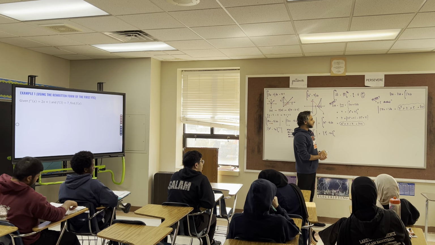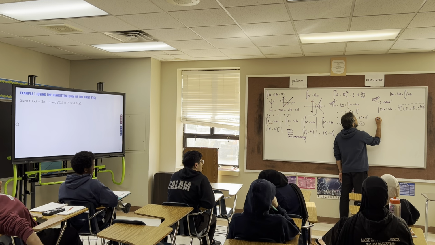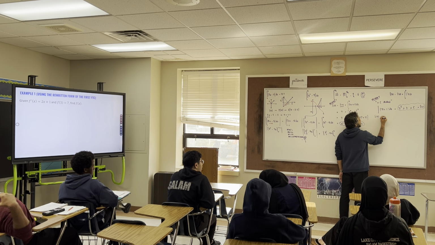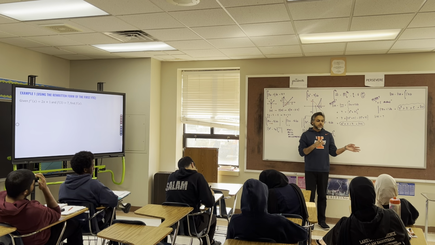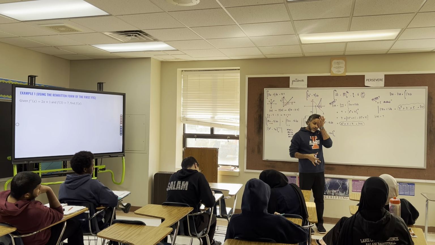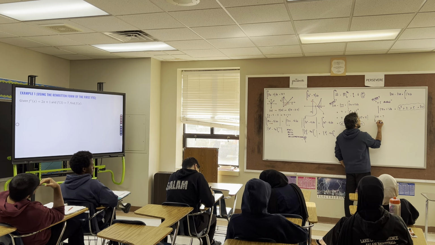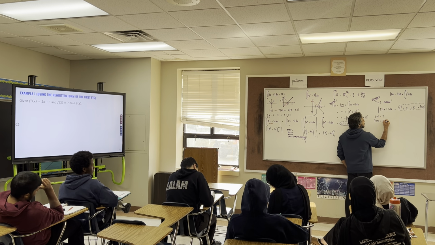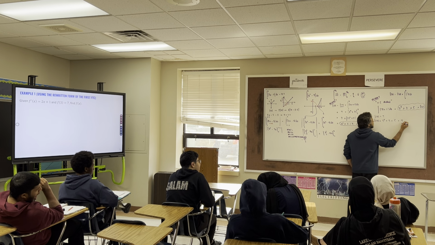Then what you do, and I already know some of you are really going to like this method, is you look at the other piece of information they provided you. This is a hint that they gave to you. They said that when you plug 3 into this function, you will get 7 as an answer, right? So if you plug 3 into this over here, it's going to look like the following. F of 3 is equal to 3 squared plus 3 plus some constant is equal to 7.